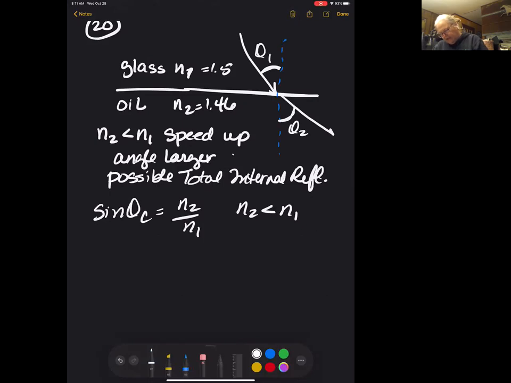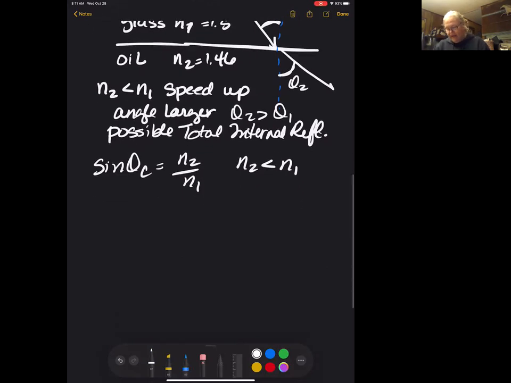So theta 2 is going to be bigger than theta 1, but remember, at some point it could get so large that it's 90 degrees and runs right along that surface. That's where we're looking for the critical angle. Whatever angle 1 gives me angle 2 equaling 90 degrees is the critical angle. So that's how we get this formula.